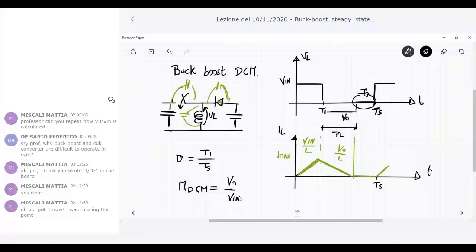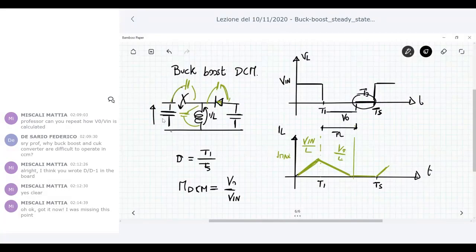Let me derive this parameter by adopting some energy considerations. The first consideration is what happens during T1. In T1, the switch is closed and the diode is off. We are in what I called at the beginning of my discussion the charging phase.